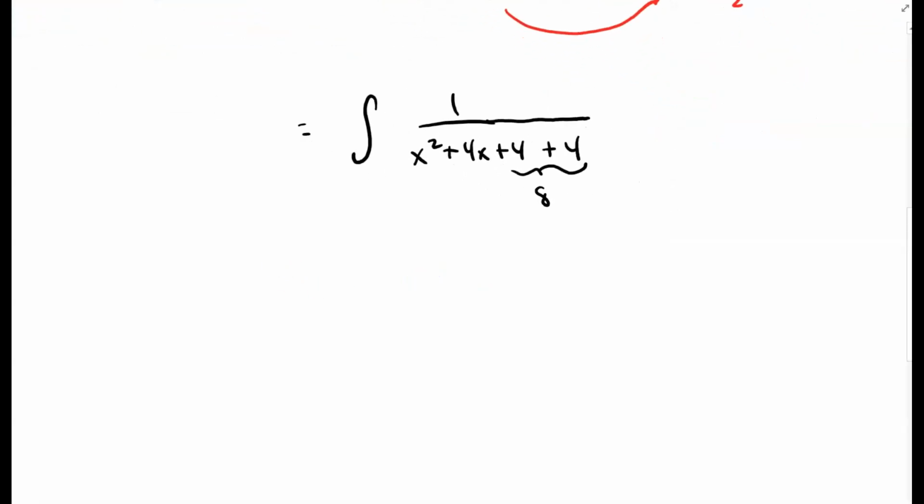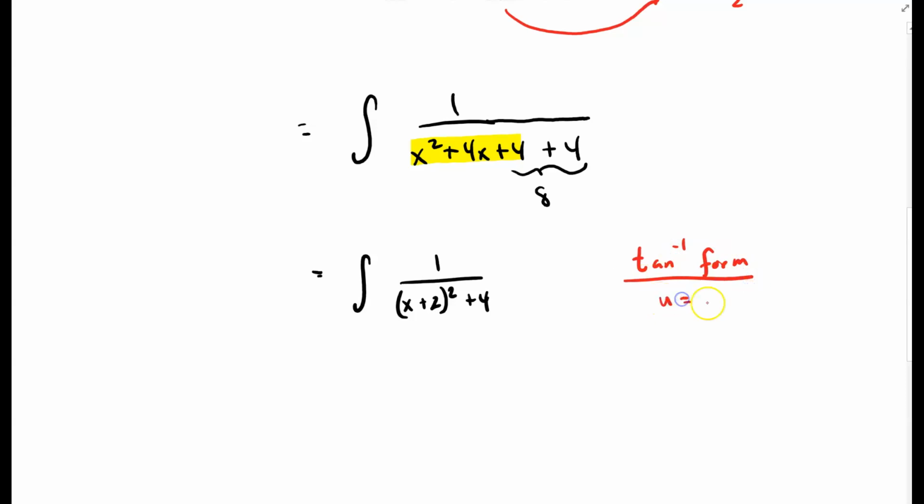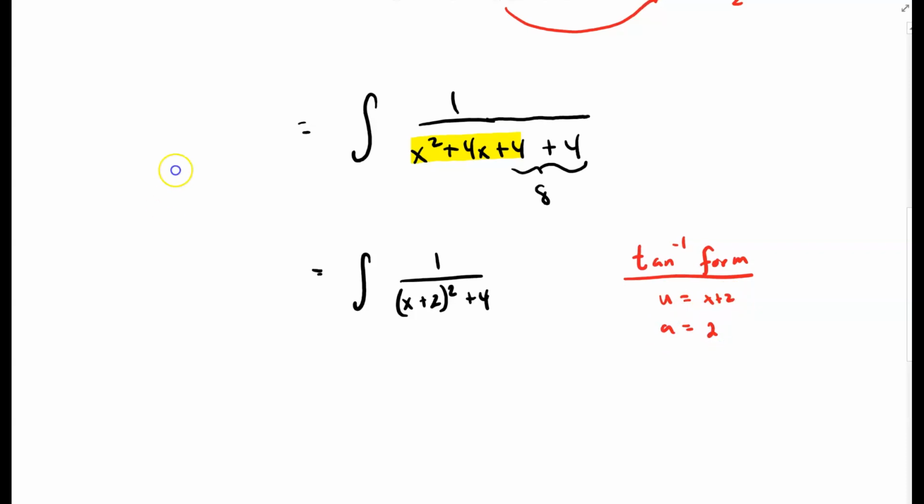So I'm going to factor this here. I'm going to integrate, and I have 1 over, and factoring that gives us x plus 2 times x plus 2. So I have x plus 2 squared plus 4. And now, the whole reason that I did this is that this is tan inverse form, where our u is x plus 2 and our a value is 2.